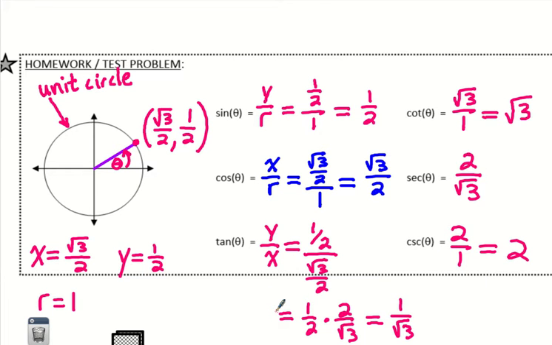So once again, that is a very useful trick to remember: if you know sine, cosine, and tangent already, you can just flip to get very quickly your final answers for cotangent, secant, and cosecant.